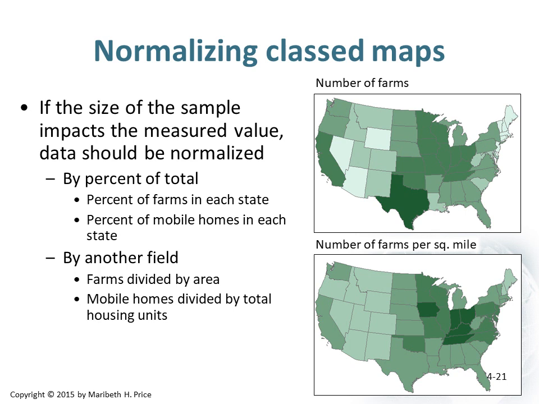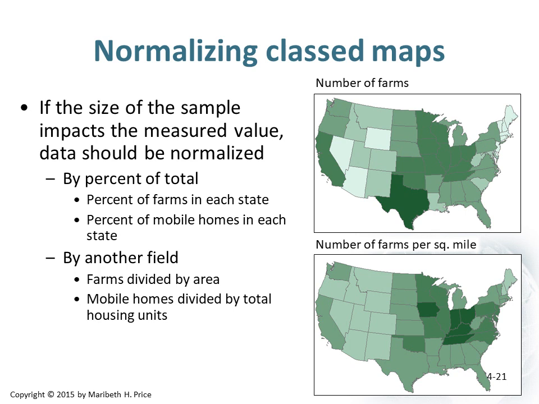And so you would expect that would have an impact on the number of farms. So you can't just map the number of farms, because if you do, you get a map like the one on top. But when you recognize that that's the number of farms per square mile and you normalize it or otherwise standardize it based on the size of the state, you get a very different look.